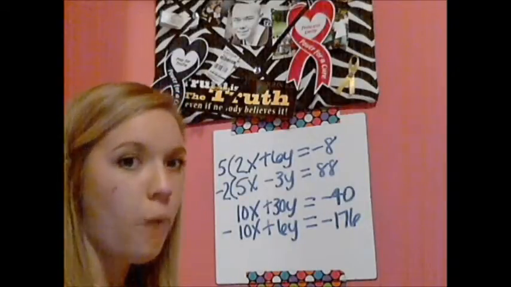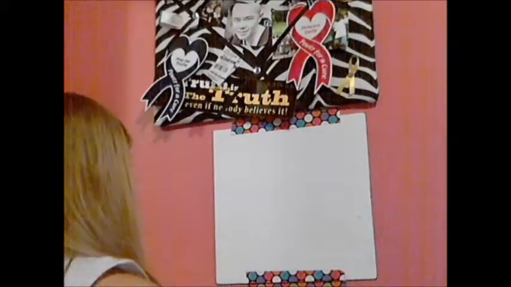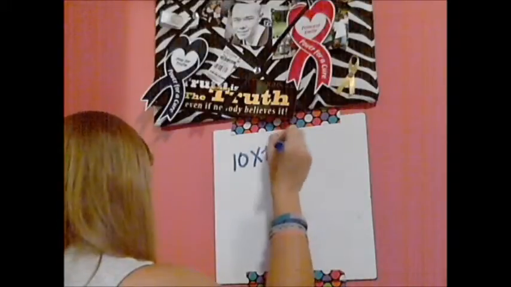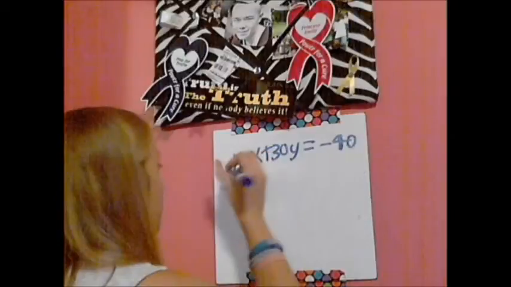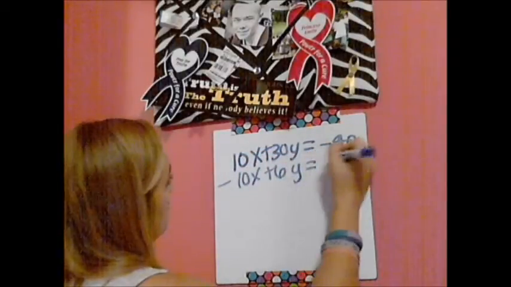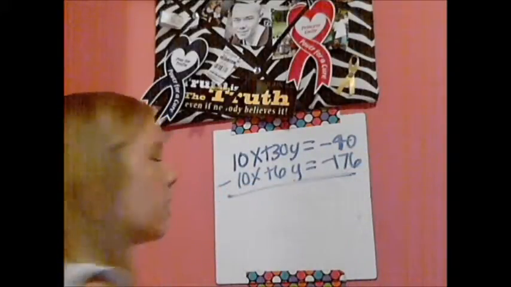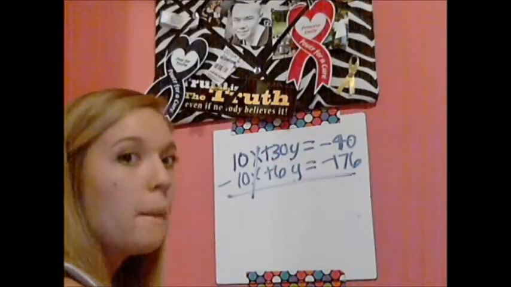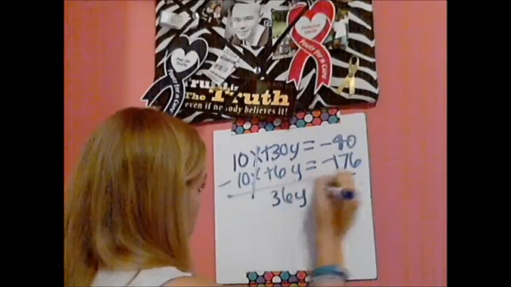Now that you have this new set of equations, you can finish step 1 and simply add these together to find y. 10x plus 30y equals negative 40, and negative 10x plus 6y equals negative 176. 10x and negative 10x cancel out. 30y plus 6y equals 36y.